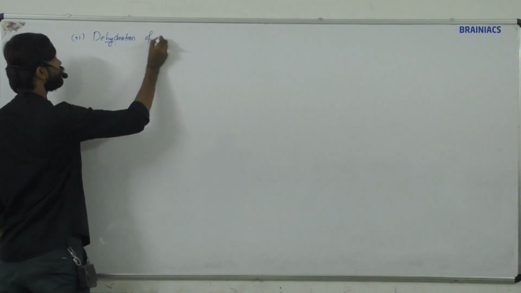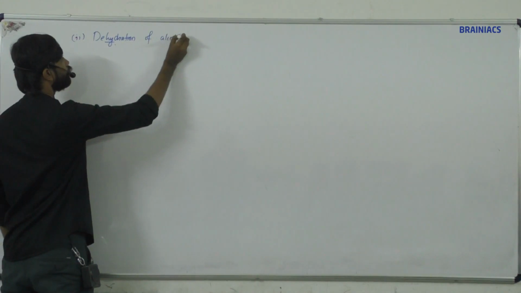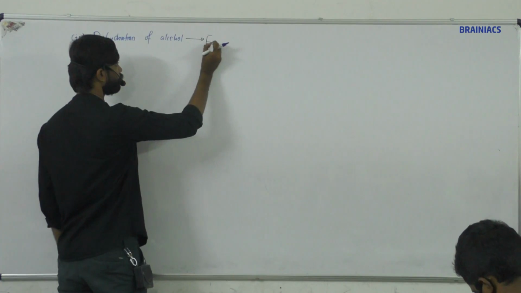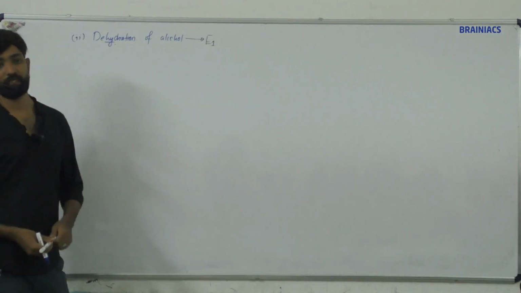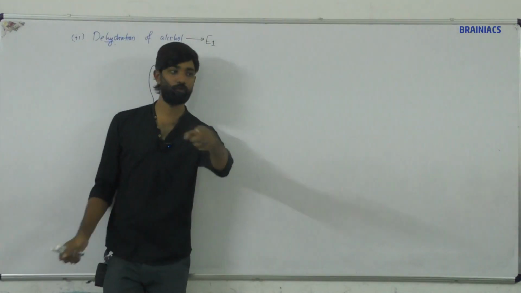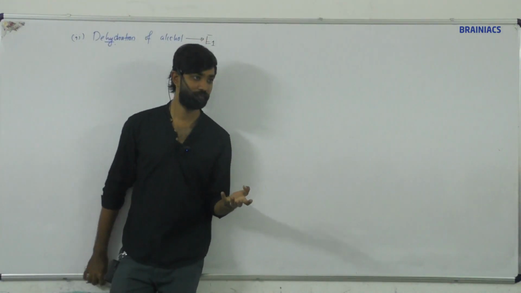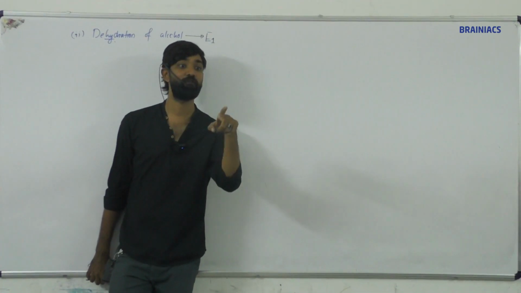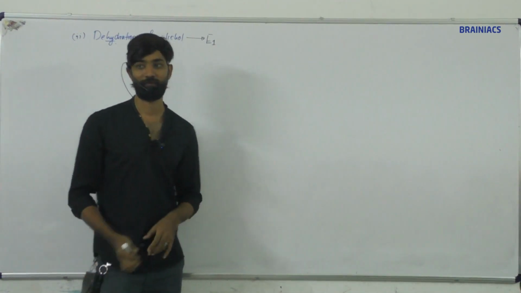Dehydration of alcohol. There is no doubt this mechanism is E1. Usually the acidic dehydration is an E1 mechanism. In E1, first of all it forms a carbocation, just like your SN1, where rearrangement is possible.